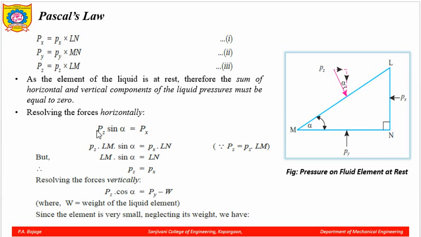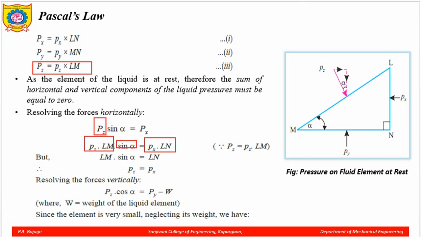Now, Pz, if you see, Pz is small p suffix z into Lm from this. So, Pz is replaced with pz Lm, sine of alpha is the same, whereas Px is replaced by px Ln.